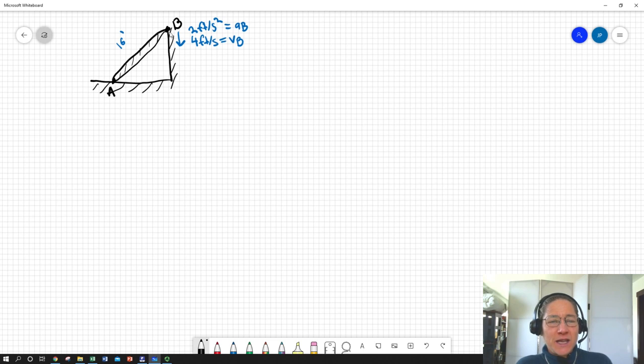And so point B is sliding down the wall, and it's important, it is sliding straight down the wall. It isn't rotating out from the wall, it's sliding down the wall.